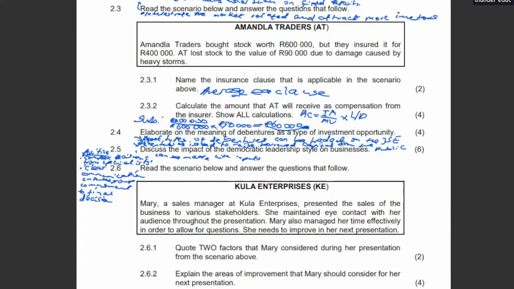And the first one we said, under positive, that complex decisions can be made with inputs from specialists or skilled workers. Okay, right. So now let's move on to the side of negatives. Sorry, grade 12s, we don't have enough space. So this is negative.